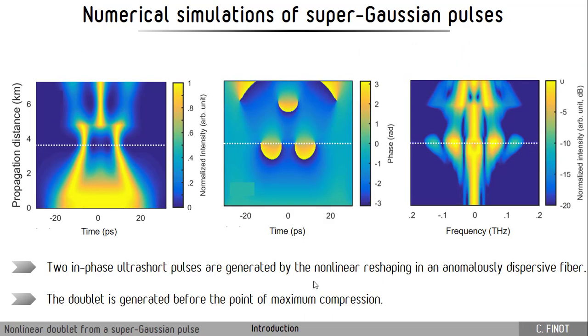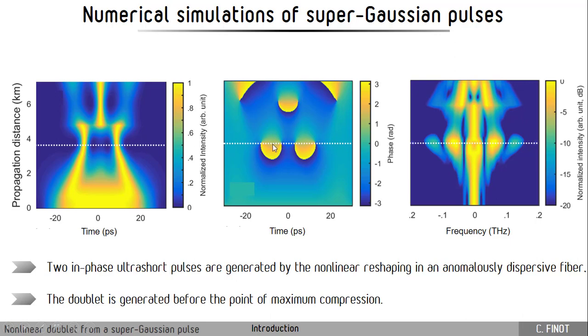So, in practice, we have tested a lot of various temporal durations to identify the best duration to generate clean doublets of pulses. We found that for a super-Gaussian pulse with a duration around 40 picoseconds, we observed the generation of two pulses without any side lobes or pedestals.